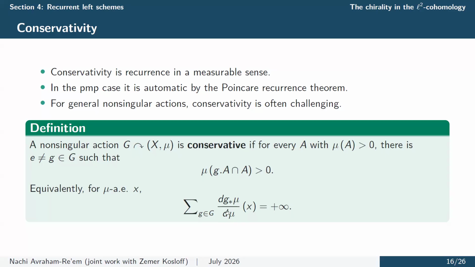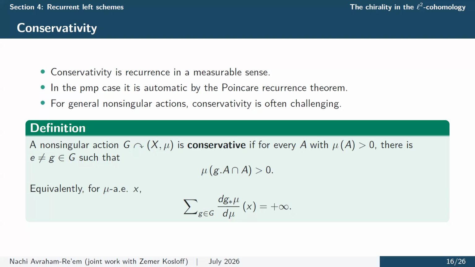Then conservativity means that if I sum all of those Radon-Nikodym derivatives at almost every point, then I get an infinite sum. This is just another way to define conservativity in the non-singular setup. Just as a sanity check, in case we are probability preserving, these Radon-Nikodym derivatives are all just 1. The push forward of mu by g is the same as mu.